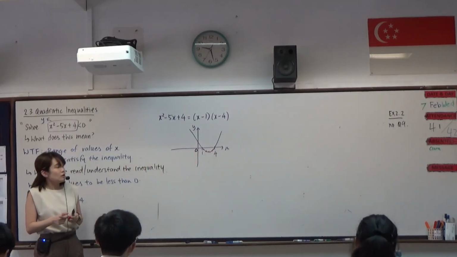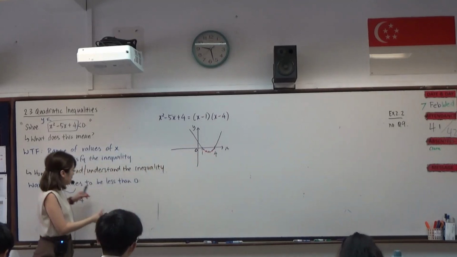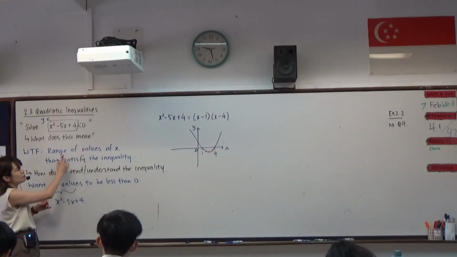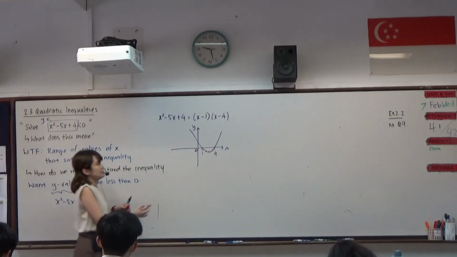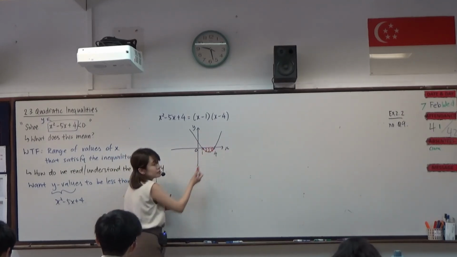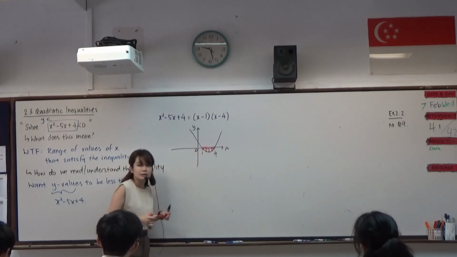With the understanding that these are the points related to this inequality, to find the range of values of x, it will be the corresponding x coordinates, and they all fall within this range over here.